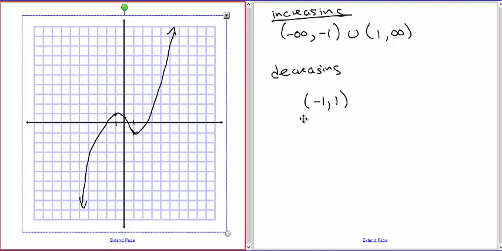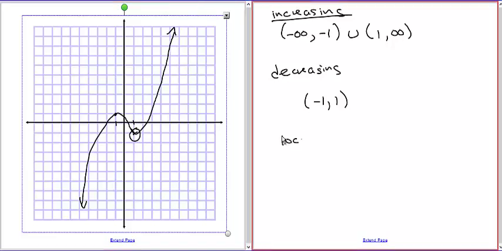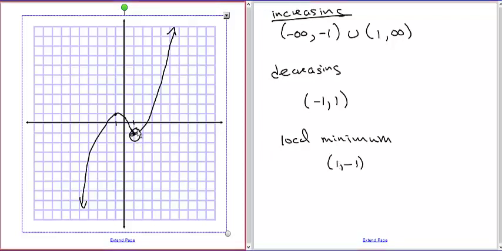It says approximate the local minimum of the function. So the local minimum is this one. It's like the valley. And so the local minimum is a pair, so it's going to be x equals 1, y equals -1. It's that point on that curve.